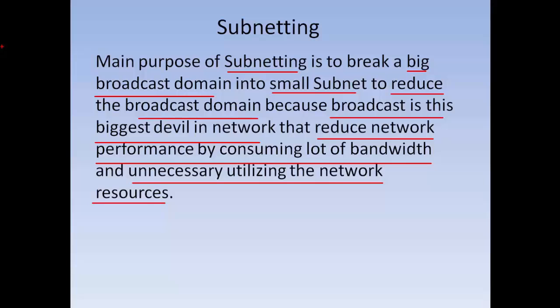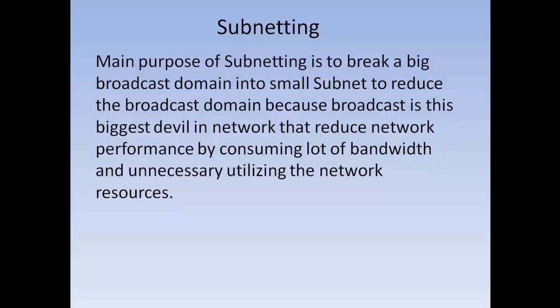So naturally it also unnecessarily utilizes network resources. So the two main problems with the plain IP series are, first, bandwidth consumption, which reduces network performance, and second, unnecessary utilization of network resources. For that purpose we do subnetting. So subnetting means to break a big broadcast domain into small subnets.